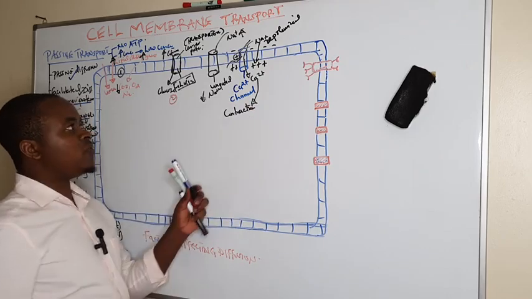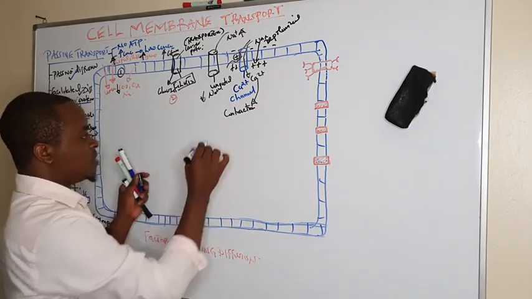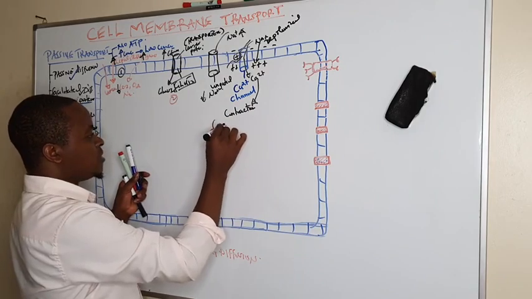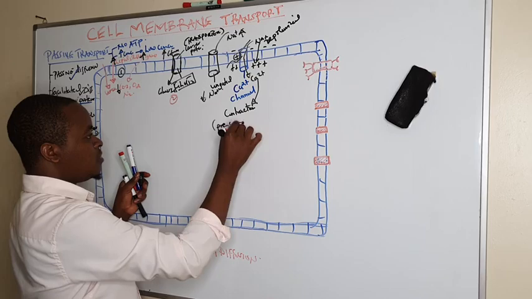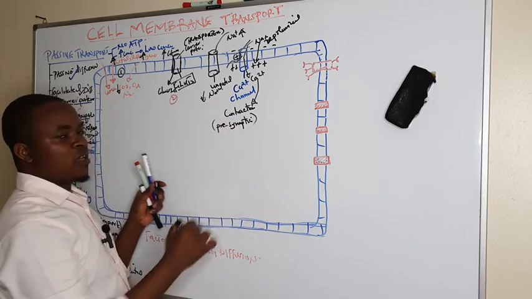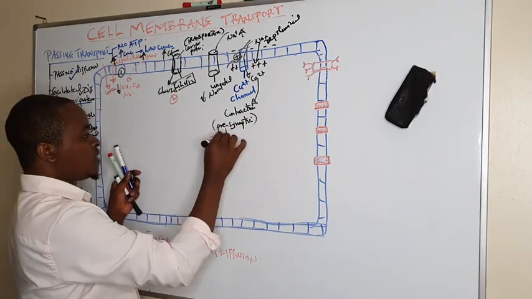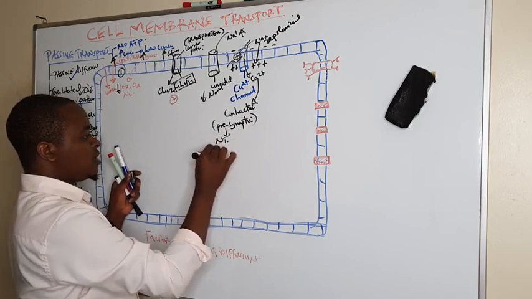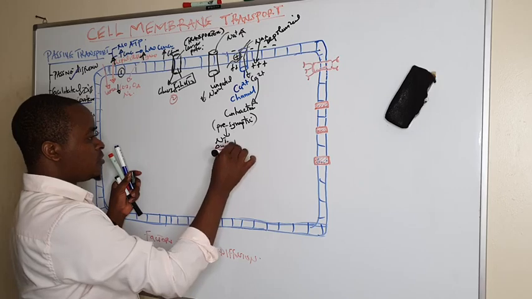An example of this channel is found in the presynaptic neurons, whereby calcium entry enables release of neurotransmitters by exocytosis.